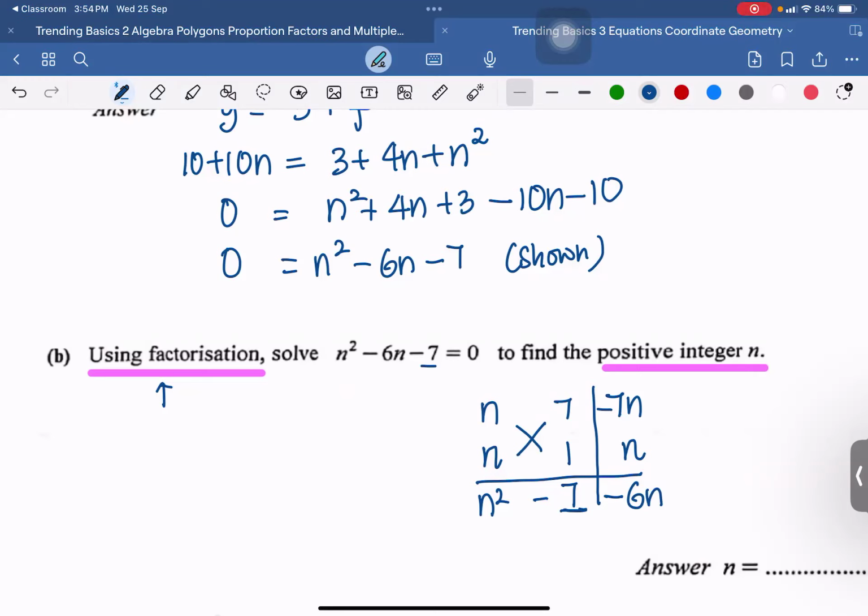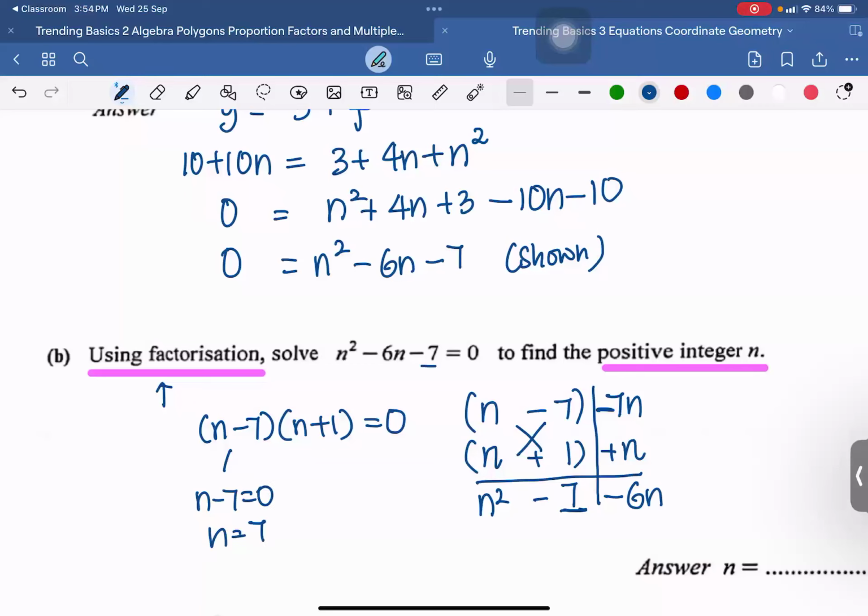The larger number will get the negative, the smaller number gets the positive. Then we check. We have 2 brackets. They want to see the factorized form. Now the question says solve, so you factorize already, then you solve. n equals 7.